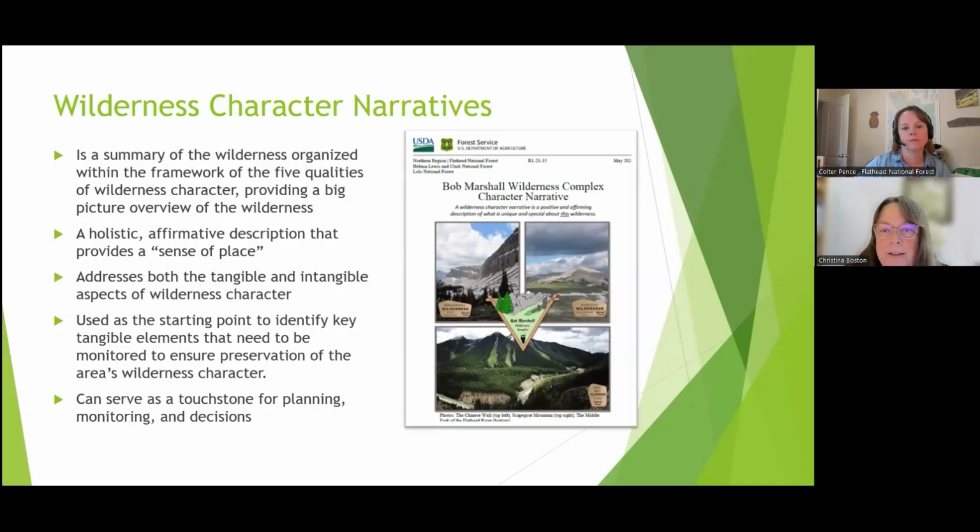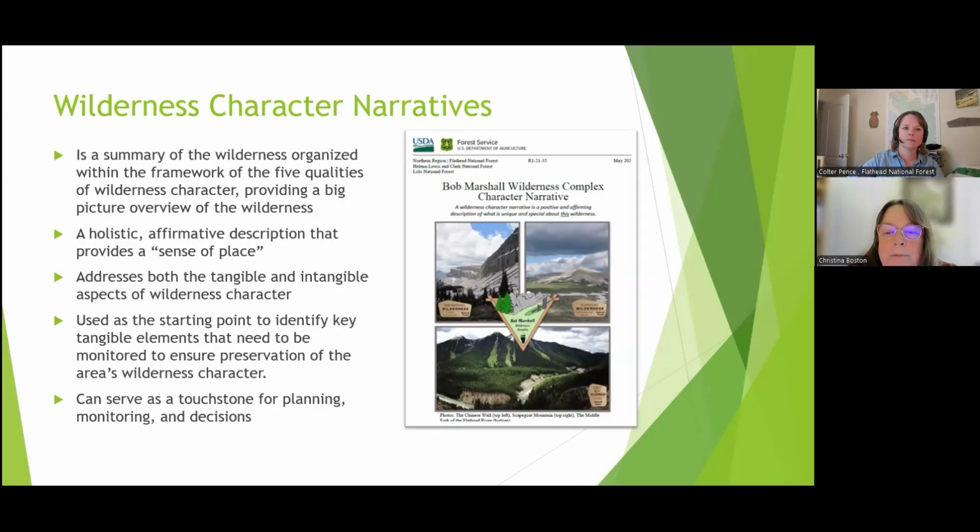With wilderness character narratives, early in the process of implementing wilderness character monitoring, a narrative is developed for each wilderness area. If you weren't part of developing the narrative or you're new to your position, I encourage you to get a copy of the narrative for any wilderness areas that you help to manage.